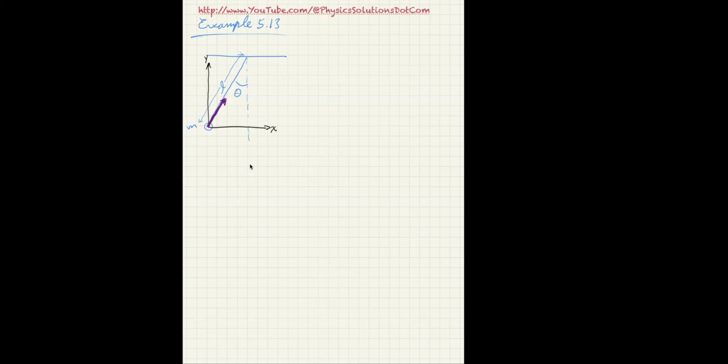But that's the tension T, and I made it neither green nor red because it hasn't been broken down into components that are perpendicular or parallel to the x-axis. So that's not very helpful yet. But we do have the weight, which is given by mg, that is parallel to the y-axis. Now, since this angle right here is theta, then this angle right here is also theta.